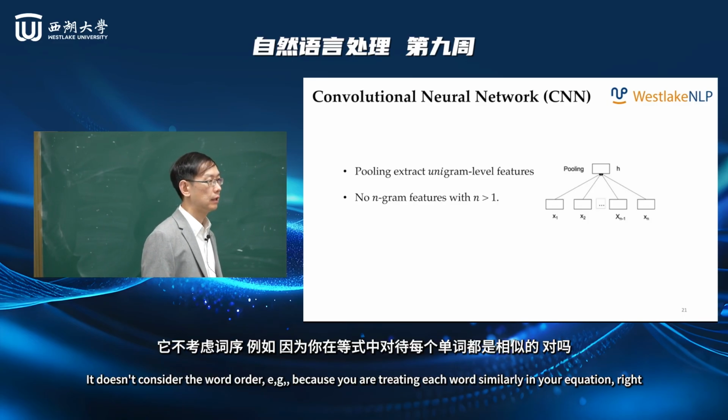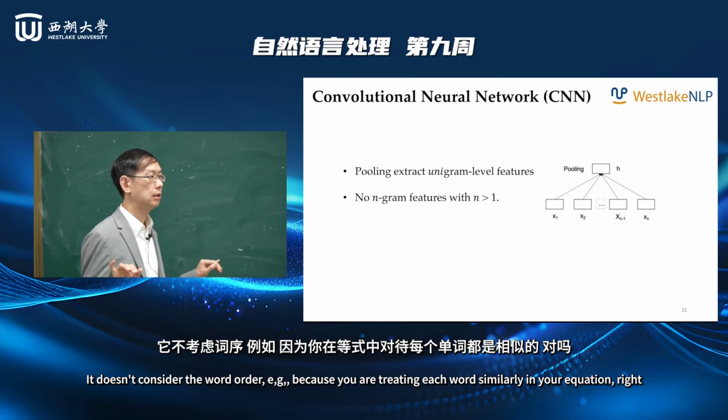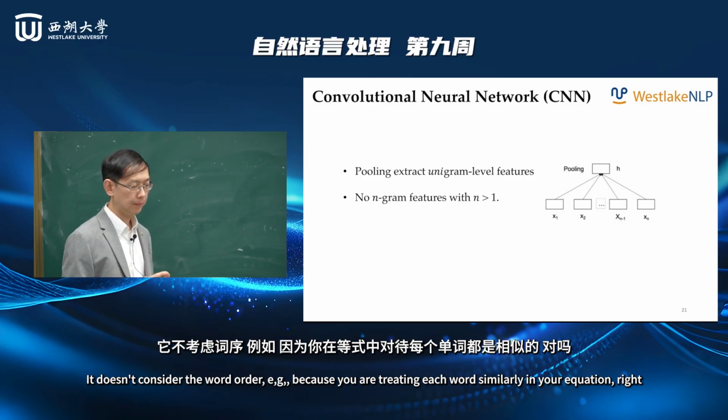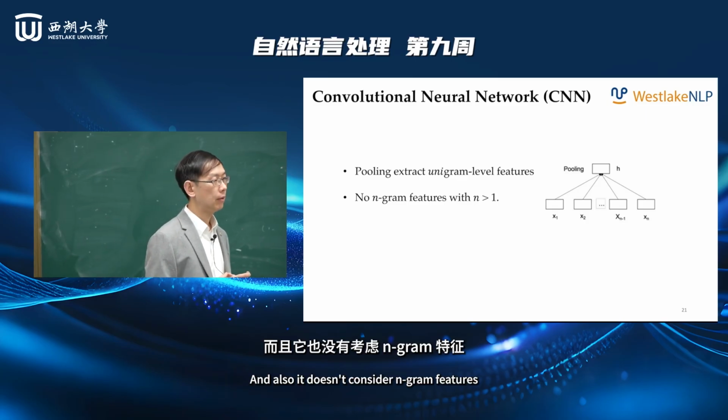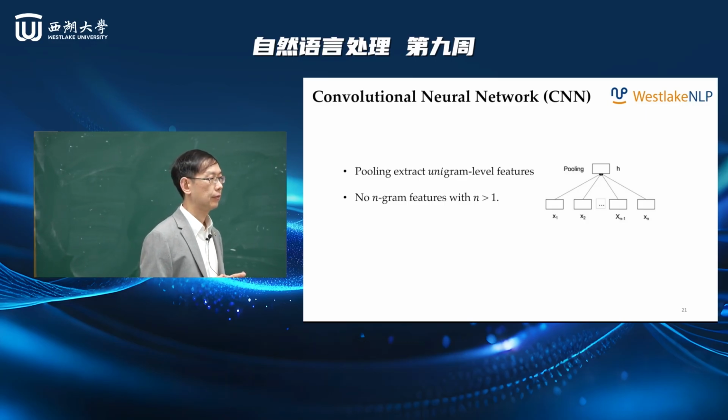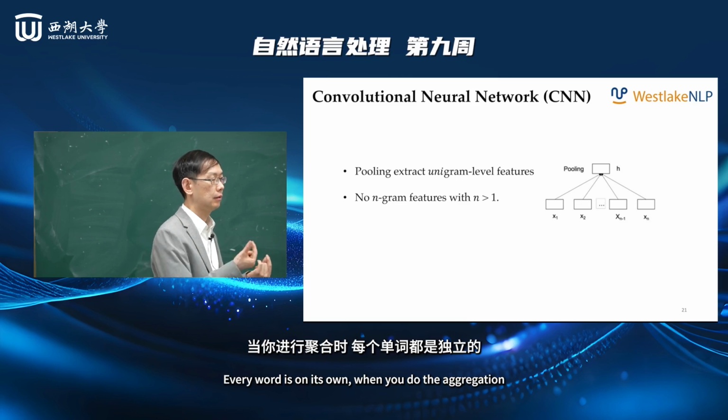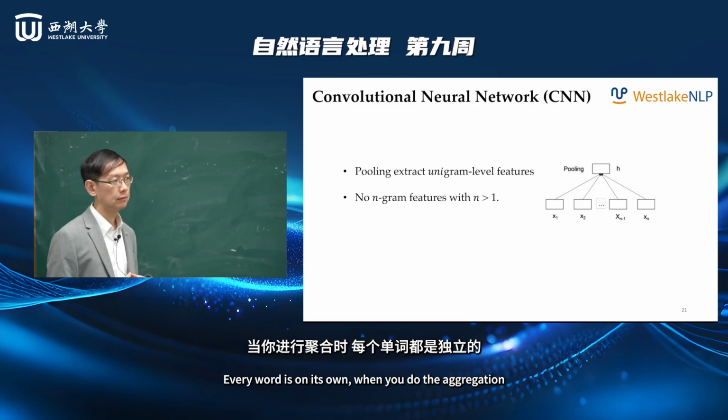It doesn't consider the word order, for example, because you're treating each word similarly in your equation. And also it doesn't consider n-gram features. Every word is on its own when you do the aggregation.